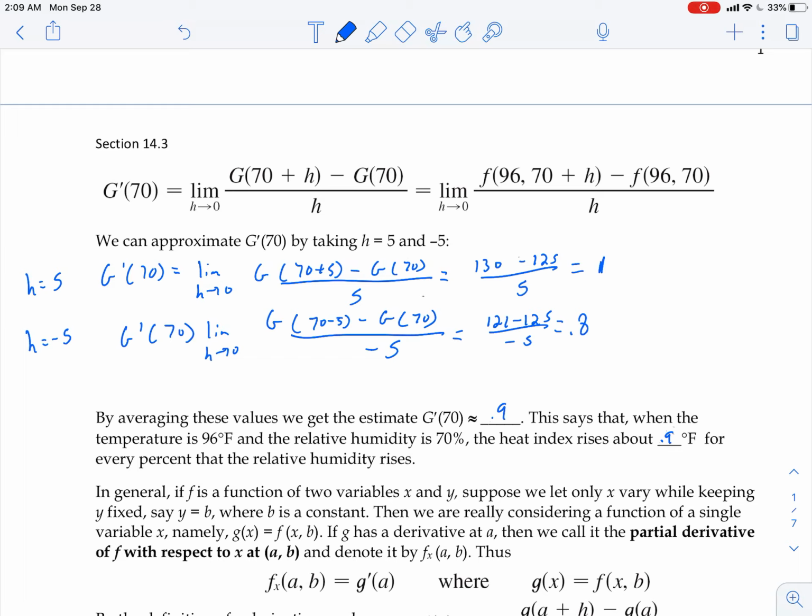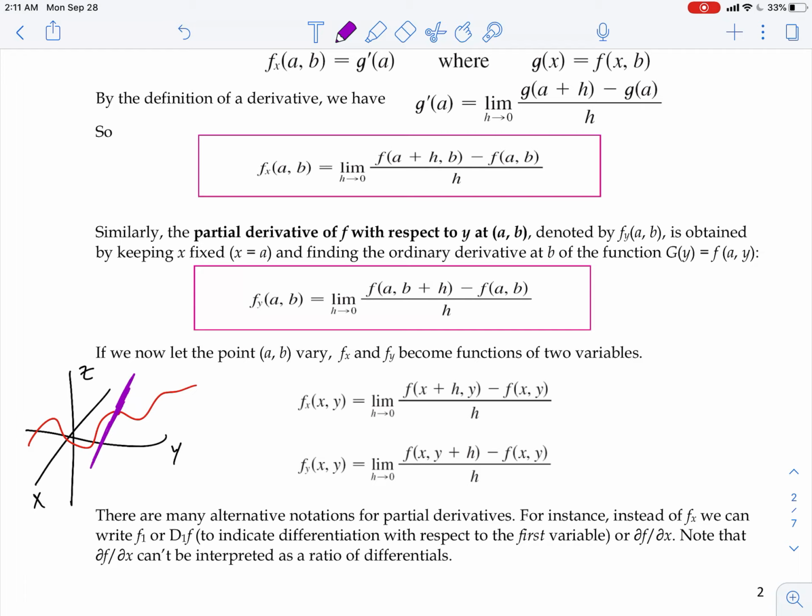If we have some point on a curve, at that point we're taking the derivative in the x direction, so that would be our partial derivative with respect to x, and then also at that point, we're taking it with respect to y, so that would be f sub y.